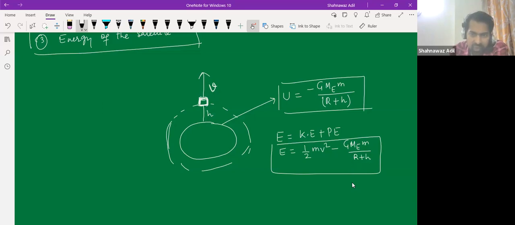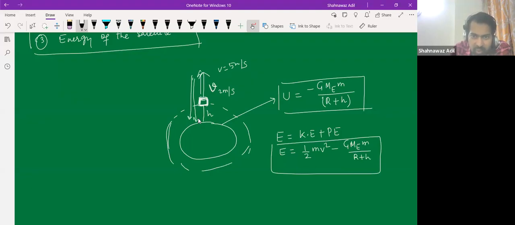So let's say I throw it with 2 meter per second. It will go upward and ultimately come back down. Again I throw it with, let's say, v equal to 5 meter per second. It will go upward, and ultimately due to this term it will again come back.